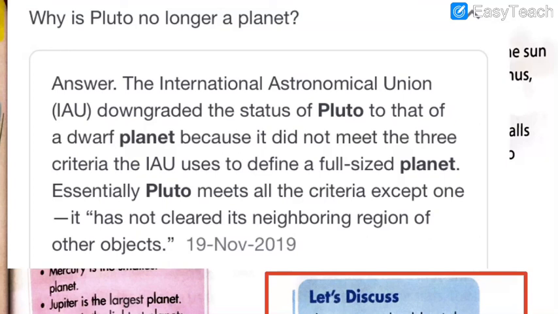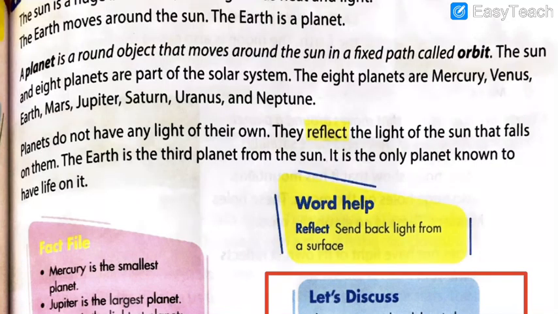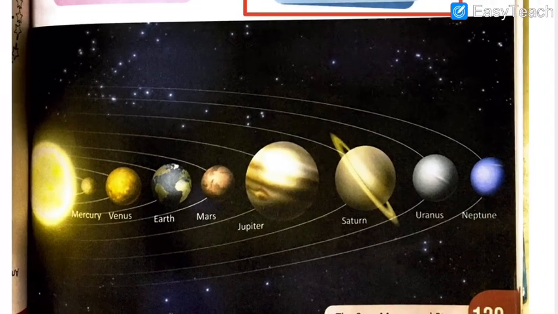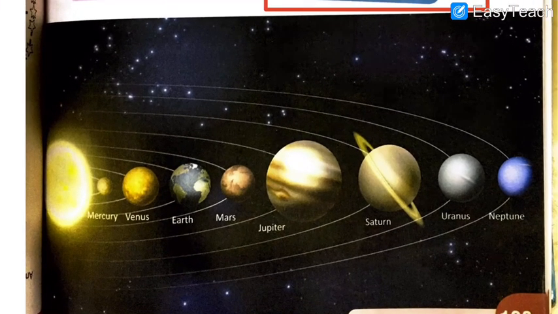So this is what you should know. There are no more 9 planets, there are only 8 planets, and the sun and the stars in the Milky Way, in the family. So students, on the earth, earth is very small, and there are many countries. So that is also one family.